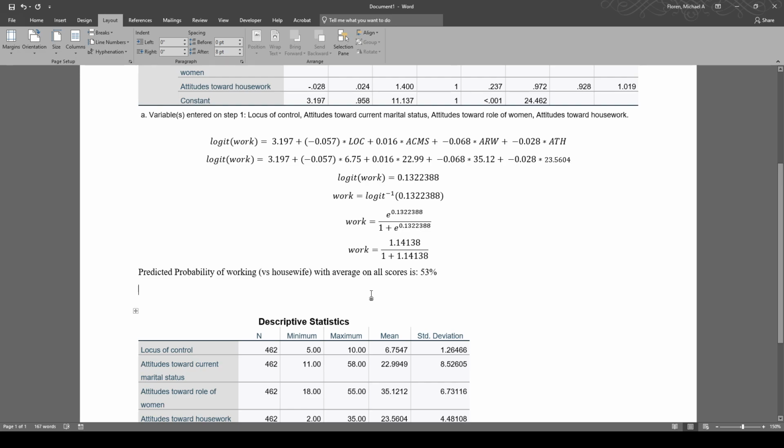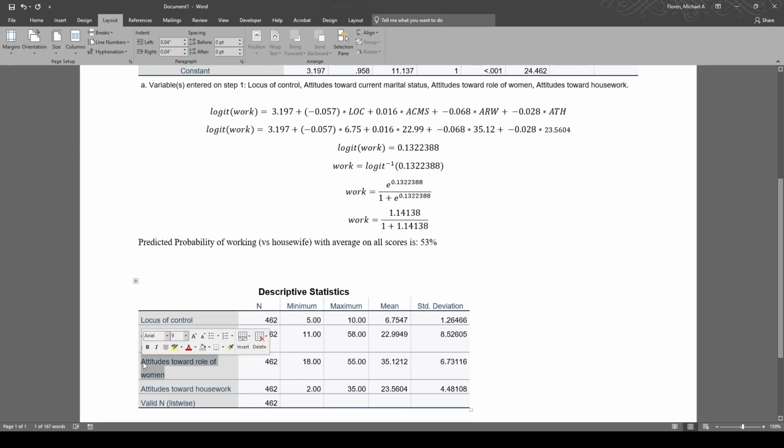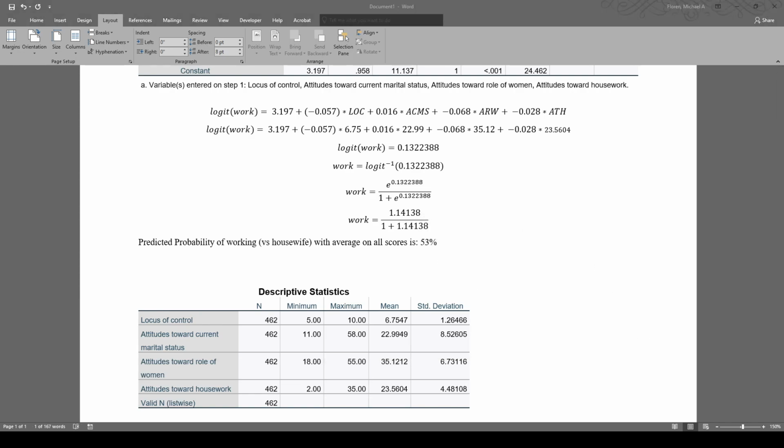So I might have, with maximum locus of control and everything else average, the probability is this. With minimum locus of control and everything else average, the probability is this. Same thing with the attitudes, maybe I try attitude toward the role of women because it's the only statistically significant one. Maybe I do the minimum value and the maximum value and see how this probability changes for those.